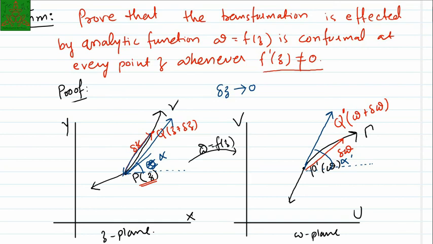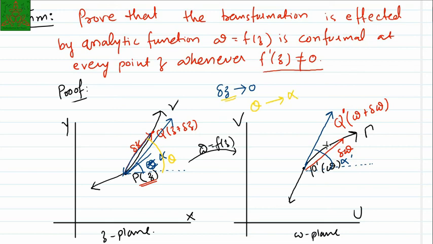So what will happen to this angle? The angle between this and this is theta. So that means if delta z tends to 0, theta will approach alpha.